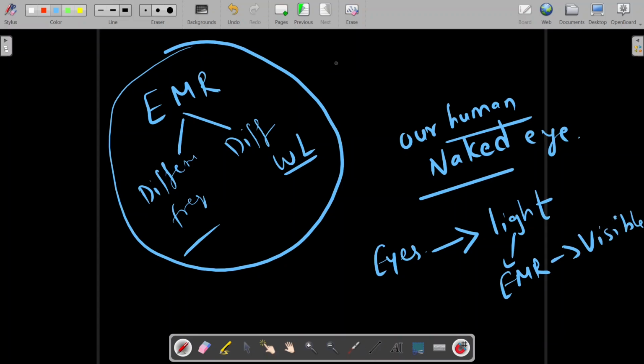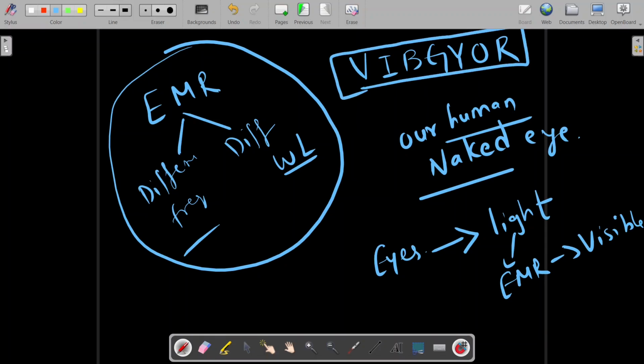In that visible electromagnetic radiation also, we have categorized into different colors, ranging from violet, indigo, blue, green, yellow, orange, and red. So this is the visible spectrum that we see. What is beyond red is called infrared.